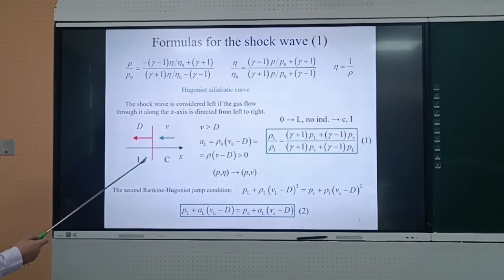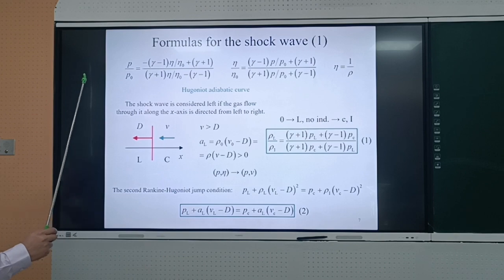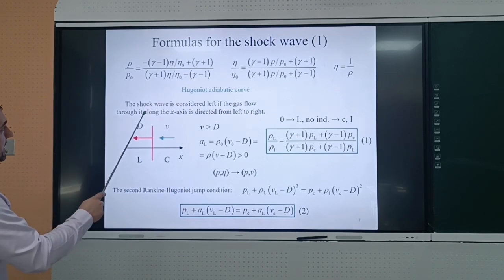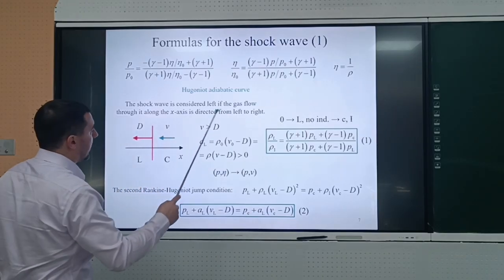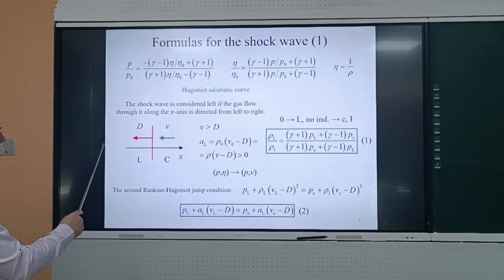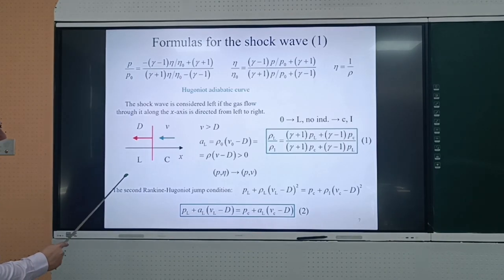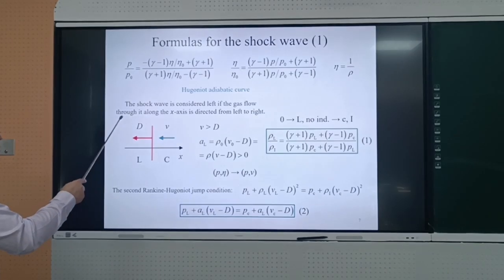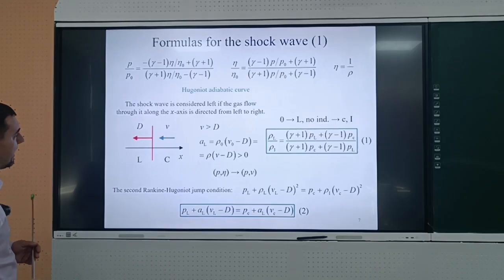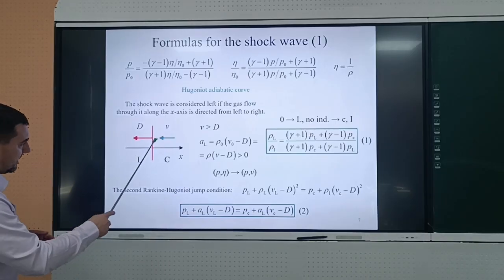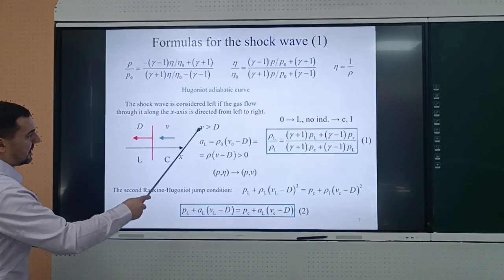We should specify what it means, the left shock wave and right shock wave. The shock wave is considered left if the gas flow through it along the x-axis is directed from left to right. So, for example, if we have this x-axis and the shock wave propagates to the left, then for a shock wave the absolute value of its velocity is greater than the velocity of the medium behind the shock wave. But if these values are negative, it means that v is greater than d.